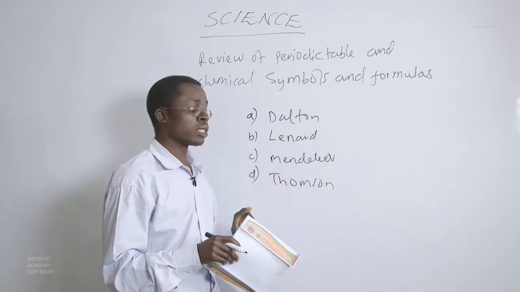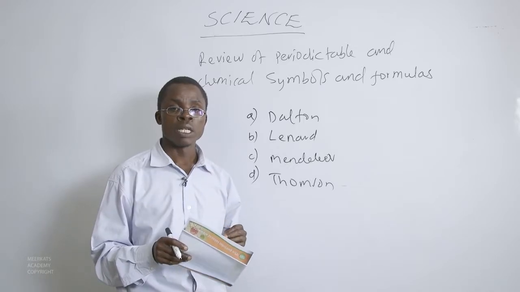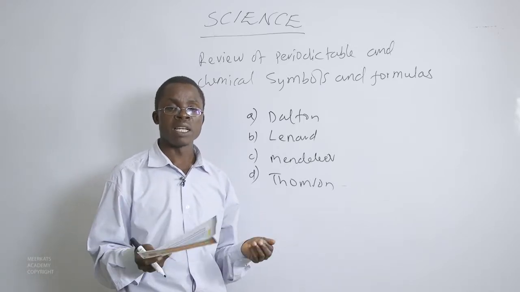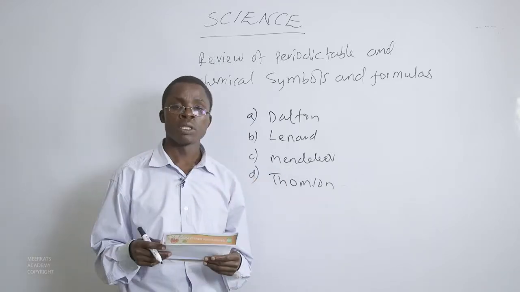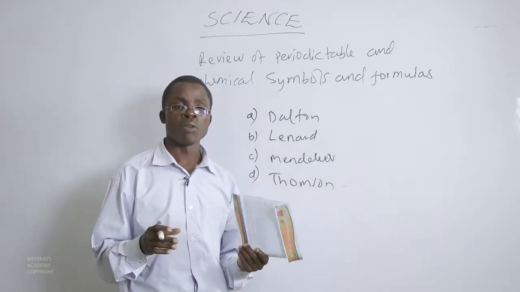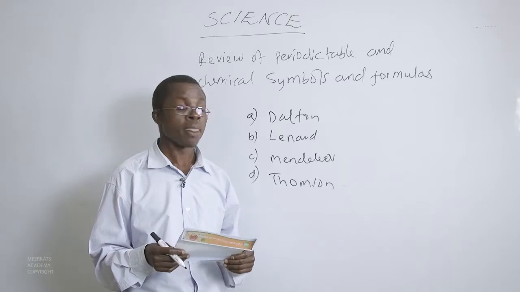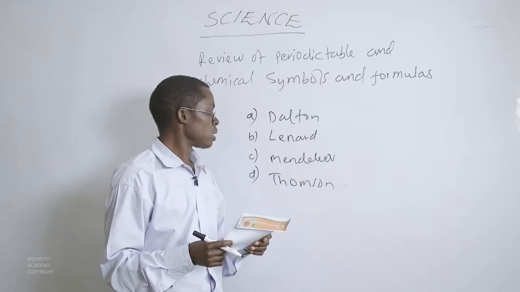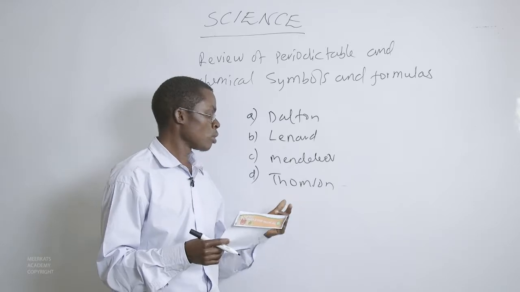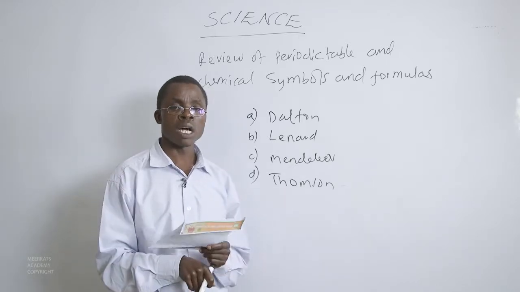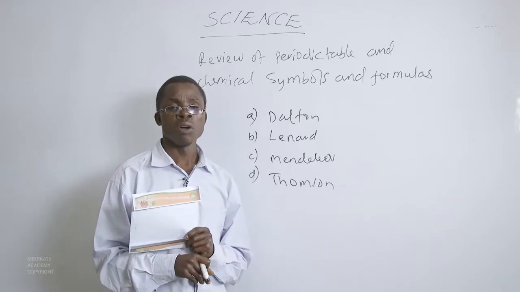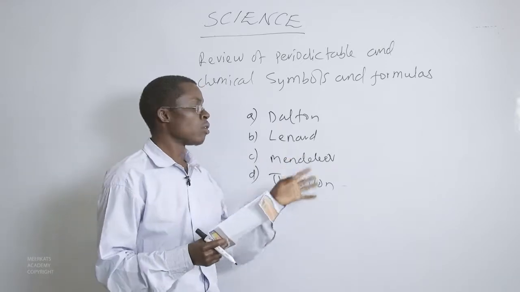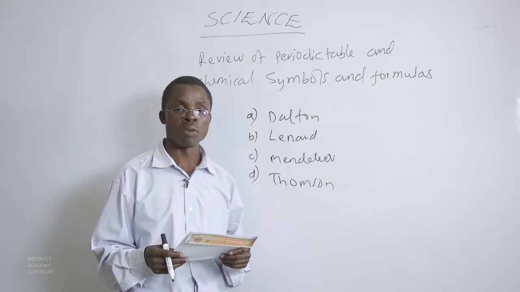All these scientists were used in developing some ideas in chemistry. Like Dalton, John Dalton was involved so much in the atom. Leonard, the same. Then Thomson was also involved so much in the atom, and also you remember when we were talking about the kinetic theory of matter, you discovered that all of these scientists were also involved.